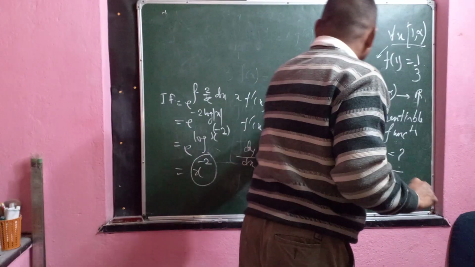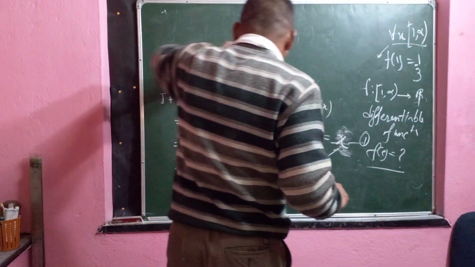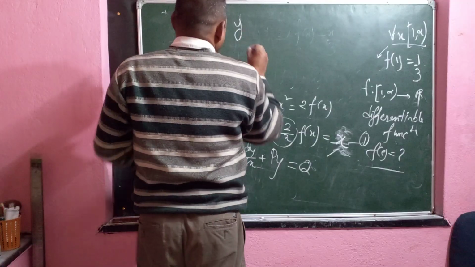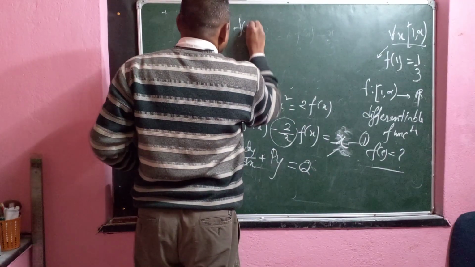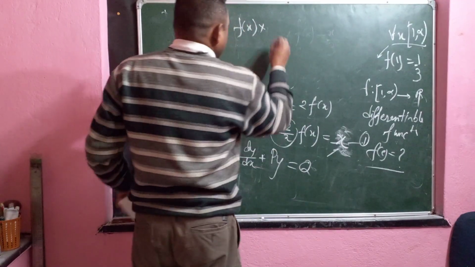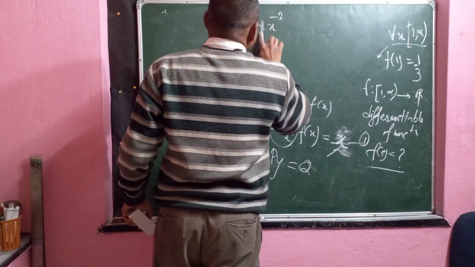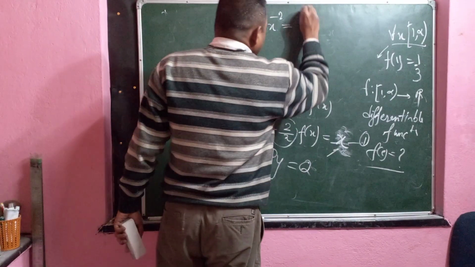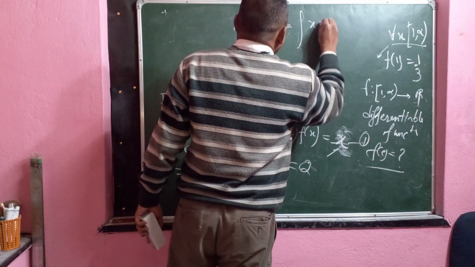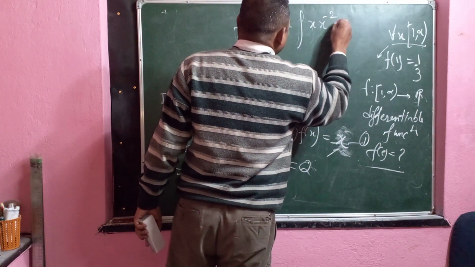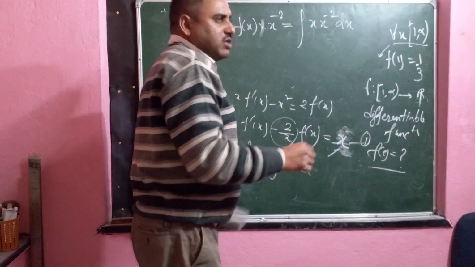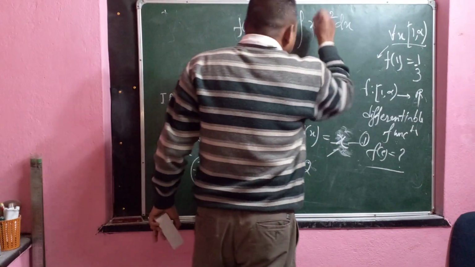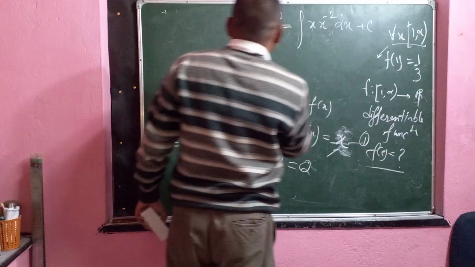Now multiply the entire equation 1, or you can write just this, that y, or you can say fx, into the integrating factor, that is x to the power minus 2, is equal to the integration of q, meaning x into x to the power minus 2 dx. I already told you the rule: y into integrating factor equals integration of q into integrating factor plus c.